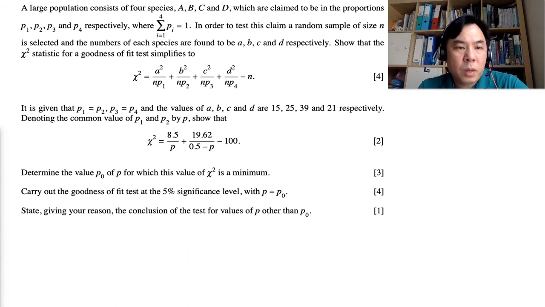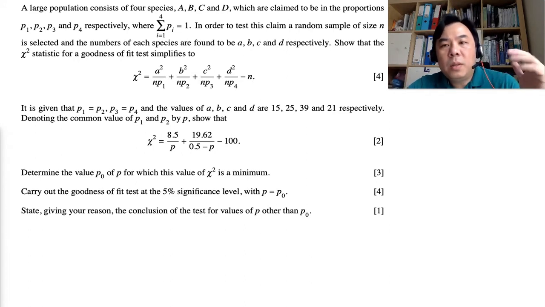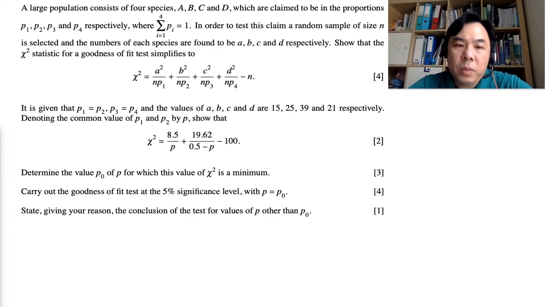By denoting the common value of proportions P1 and P2 by the letter P, we need to further simplify the first chi-square expression into a more simplified form, shown in the second question here.